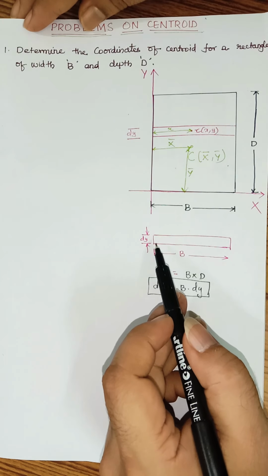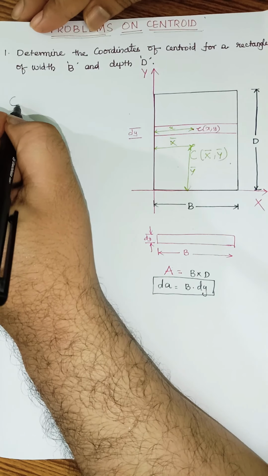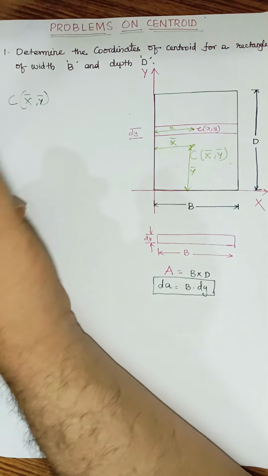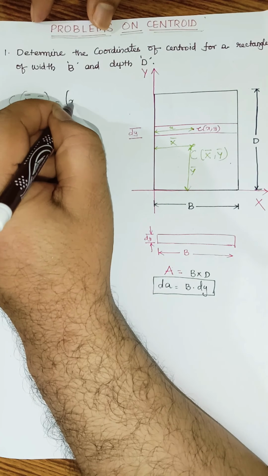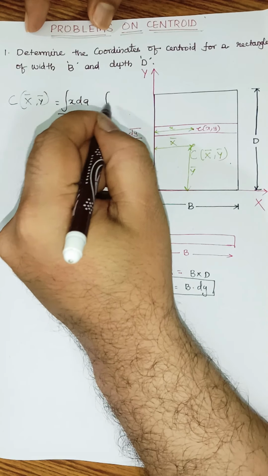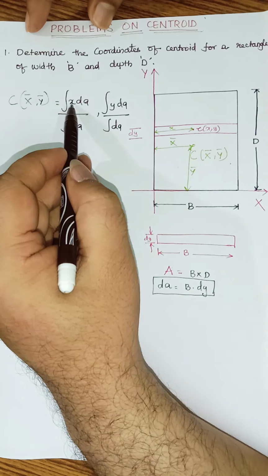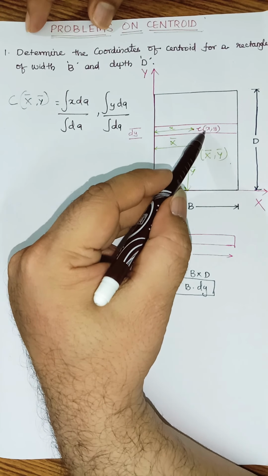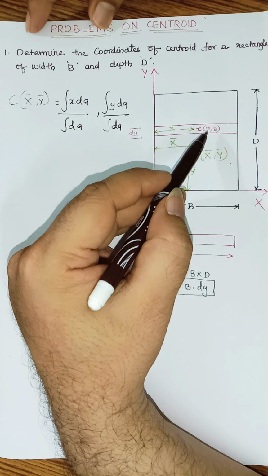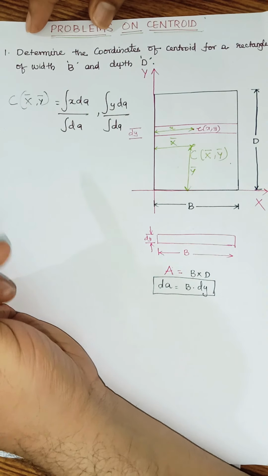Now coming back to the problem, we know the formula: capital C, x bar comma y bar, is equal to integral of x dA by integral dA, and integral of y dA by integral dA, where x and y represent the location of the centroid of the strip, small x and small y, with reference to the reference x-axis and y-axis.